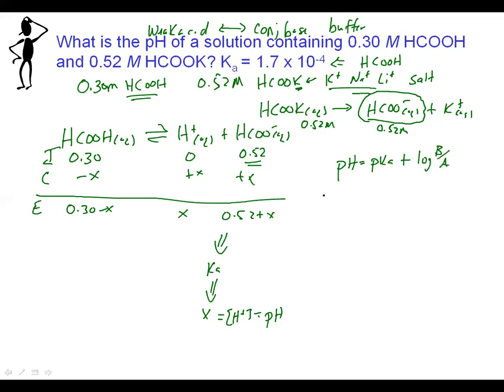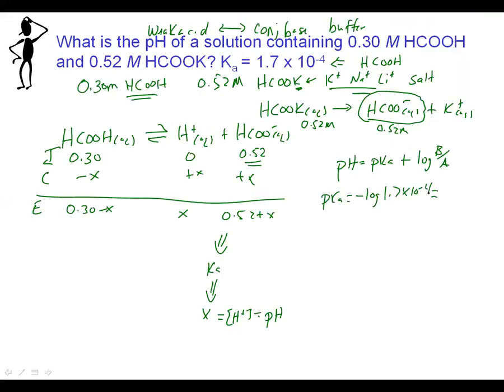You do need the pKa value, which is minus the log of the Ka, which is 1.7 times 10 to the minus 4. That's going to be 3.77, I believe. And that would get us that the pH is equal to 3.77 plus the log.